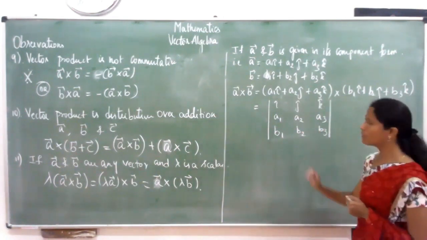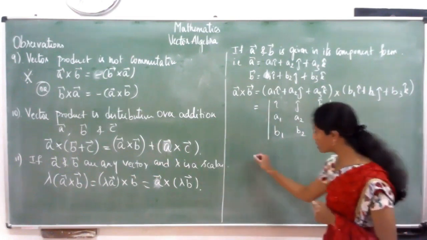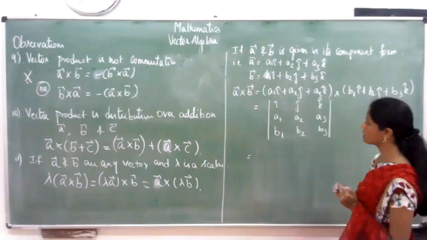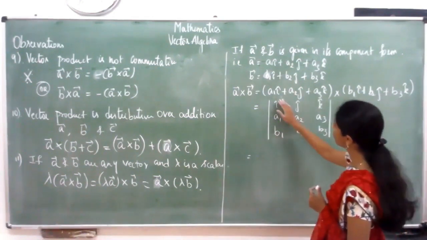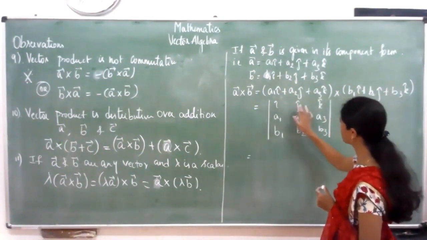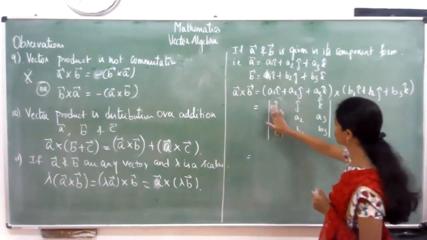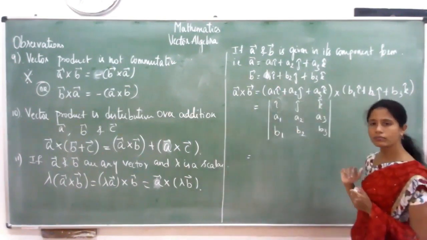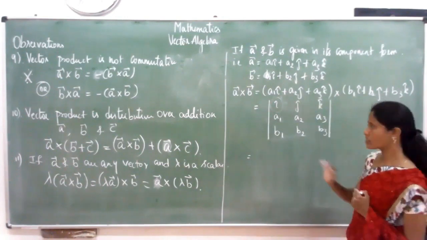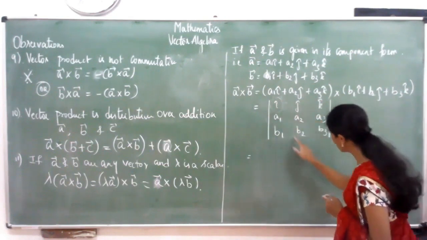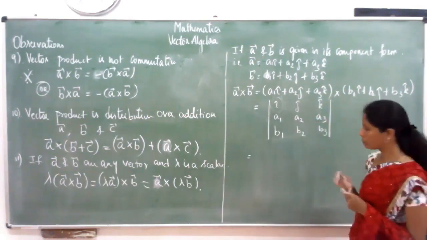Okay, if you simplify this, how to simplify this? I should teach you. What we should do is take the first row and the first column element and neglect its row and column. So you neglect this and this one, and you get only the 4 numbers here.